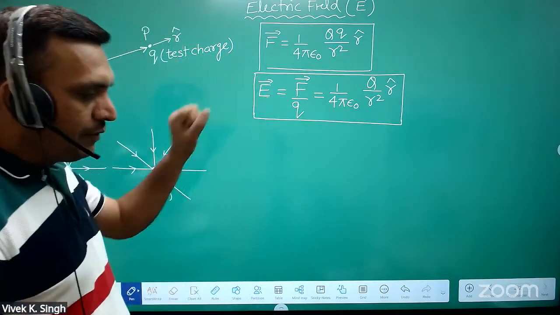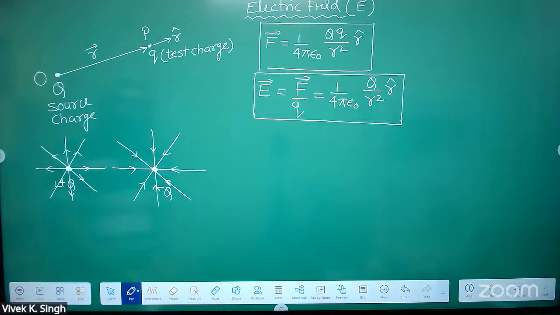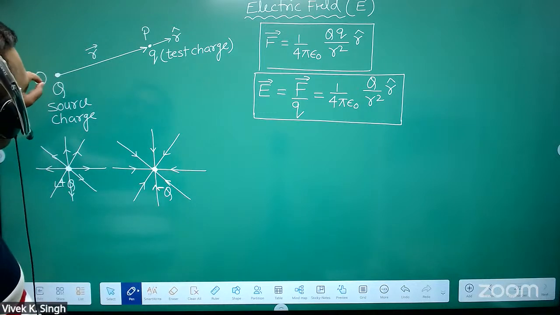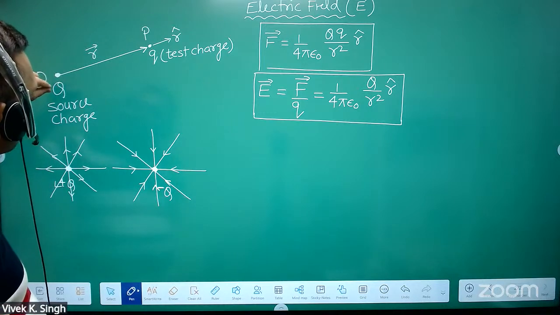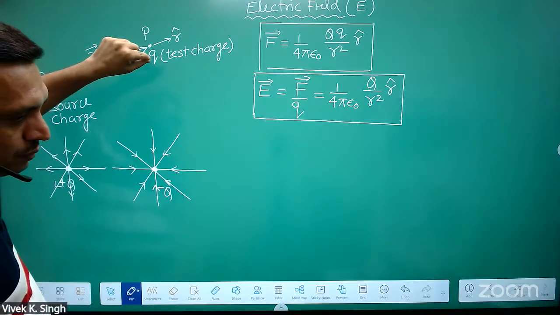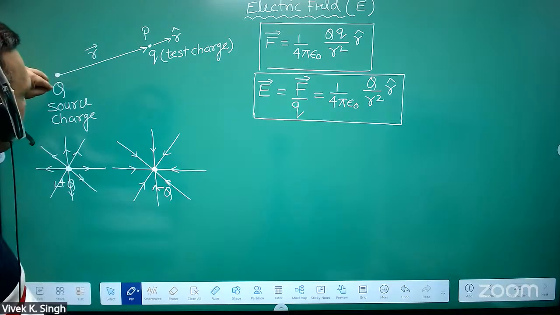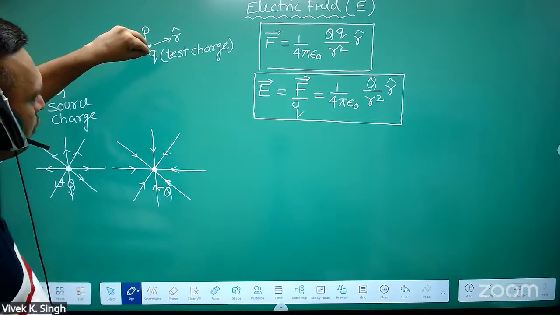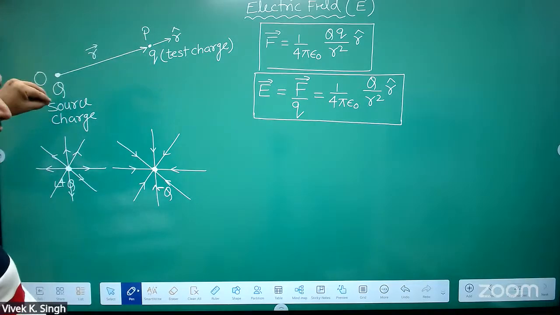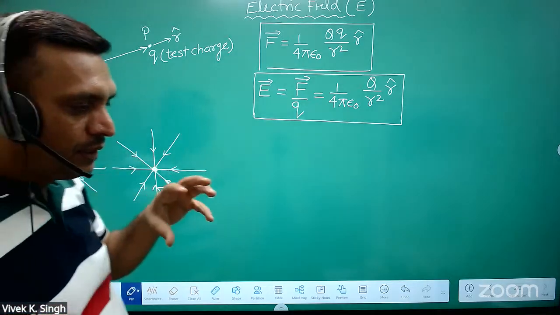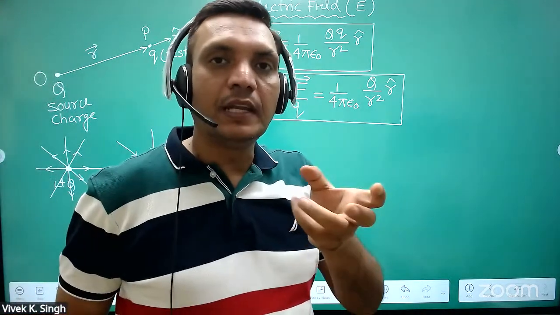Now in this definition, you know that because this charge Q exerts force on q, this small q also exerts force on Q, and they have equal magnitude but in opposite direction.